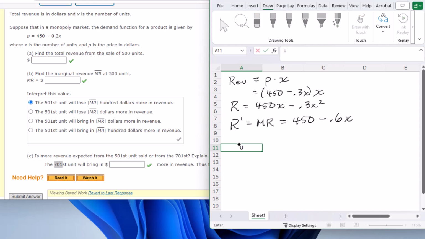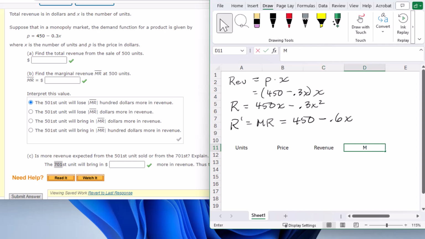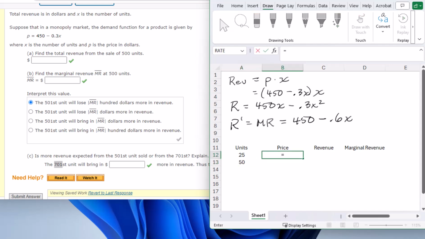Let's do units, and then price, and revenue, and marginal revenue. So units, we've got 500, let's go 25 and then 50, and so on. Price will be 450 minus 0.3 times the units.